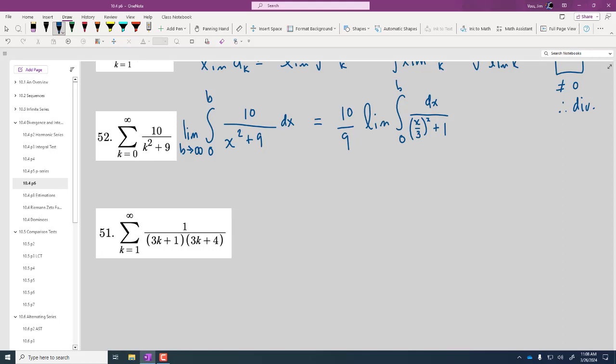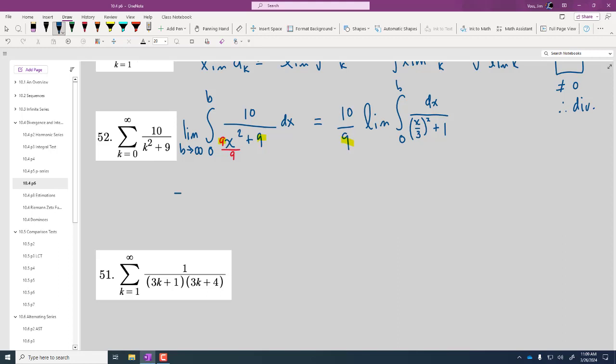We're pulling out that 9. Just as a reminder, there's no 9 over here with the x's, so we can think of putting it as 9 over 9 as a coefficient, and then we're factoring out that 9 right there. All right, now it's an arctan with reverse chain rule.